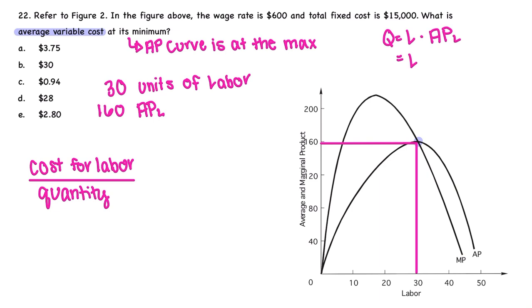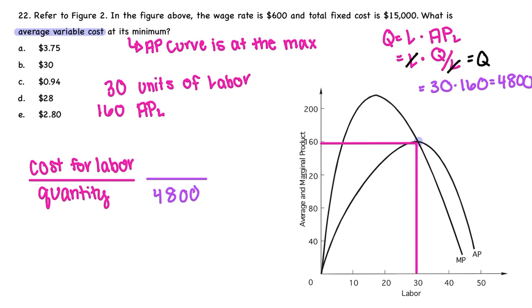Because if you remember, this is L times Q over L. So those L's cancel, and we're left with Q. So that's going to be 30 times 160, just 4,800. So that's going to be on the bottom.